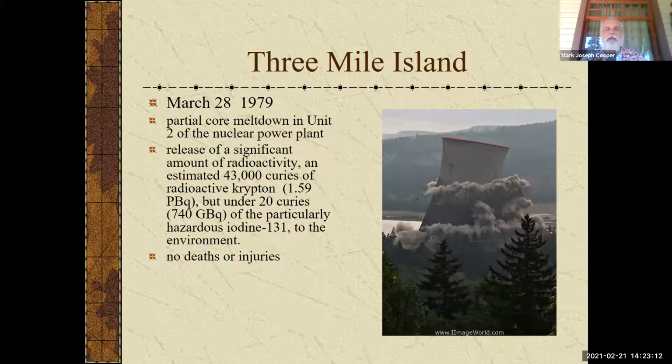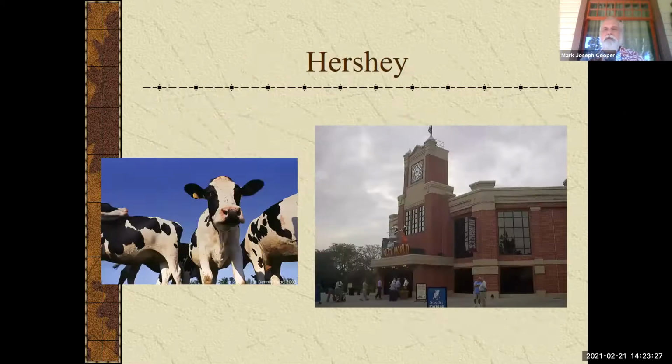No direct deaths or injuries, but again, a release of radioactivity into the environment. And you're thinking, well, where the hell is 3 Mile Island? Well, it's right next to Hershey, Pennsylvania, where you get your chocolate. And I love the picture of the cows. They're like, what? So yeah, you're all going to die. Just let you know that.